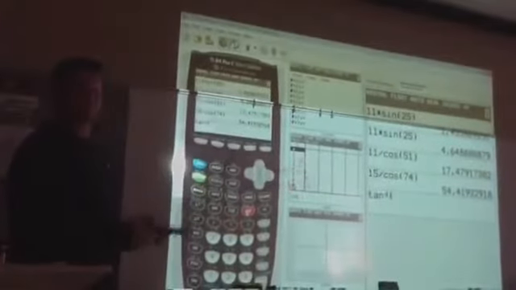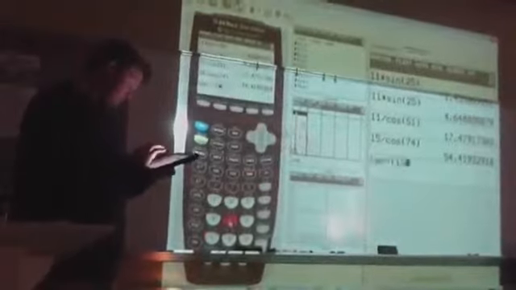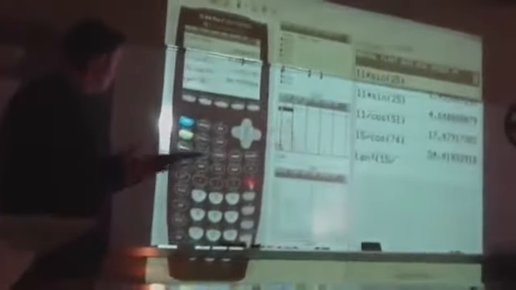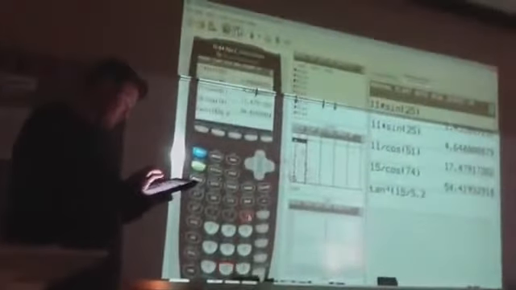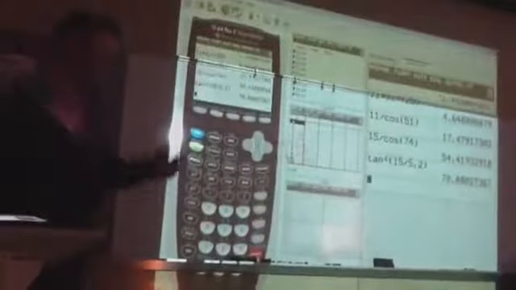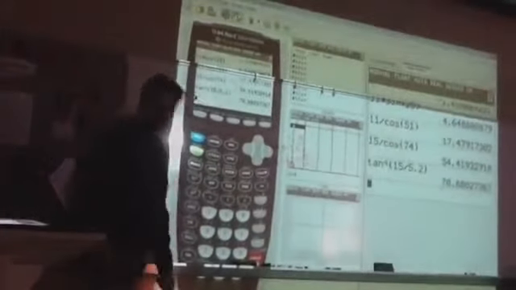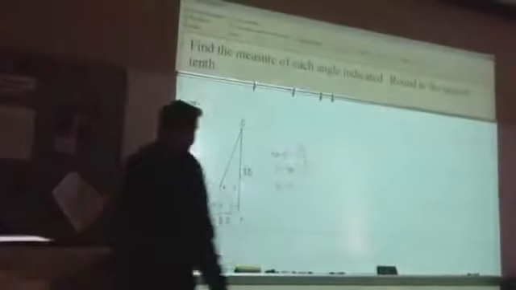Everybody see it? And then I'm going to put 15 divided by 5.2. Close parentheses, hit enter. I get 70.8 or 71 degrees. So this theta, 71 degrees.